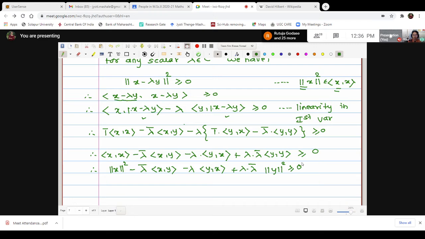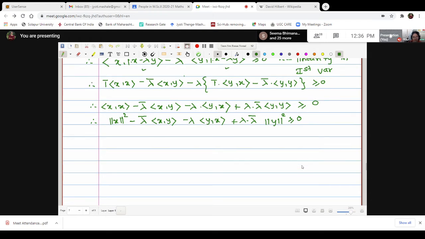Now in order to prove the Schwarz inequality, we will select the value of scalar lambda in such a way that we will get everything in the norm quantity. Therefore what will we select? Choose lambda as, say, inner product xy upon norm square of y.